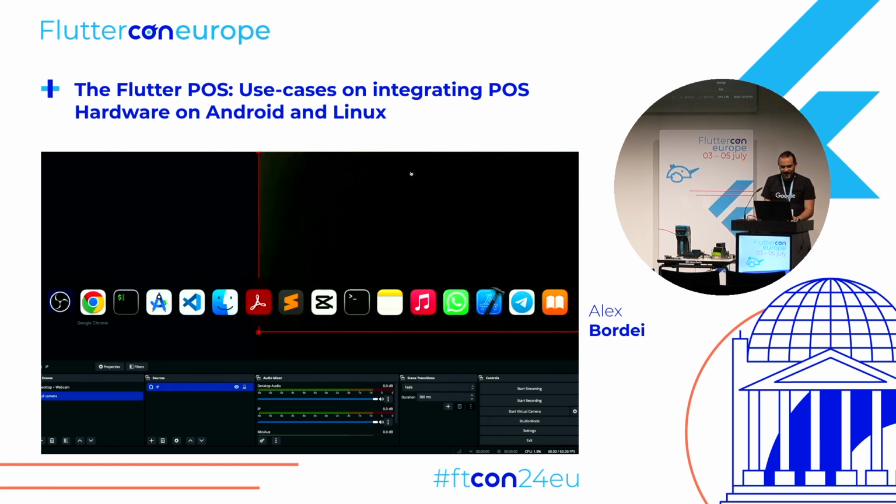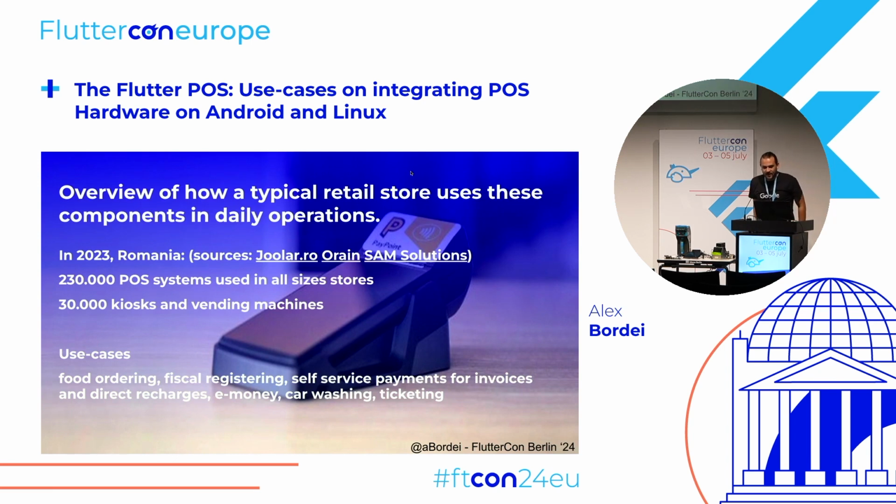So let's go back. Okay, I'm here with some numbers from Romania. I am from Romania, from Bucharest, but if Romania is having these numbers, probably Europe is higher than what we show here. So in 2013 in Romania, according to these sources, we have over 230,000 POS systems used in all size stores, from small to big stores, and over 30,000 kiosks and vending machines.